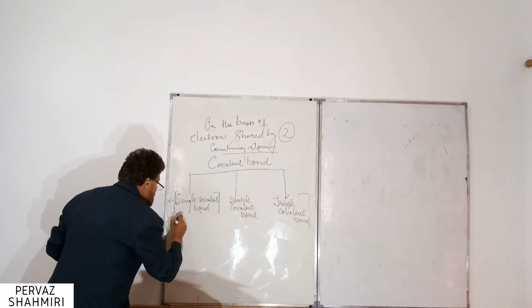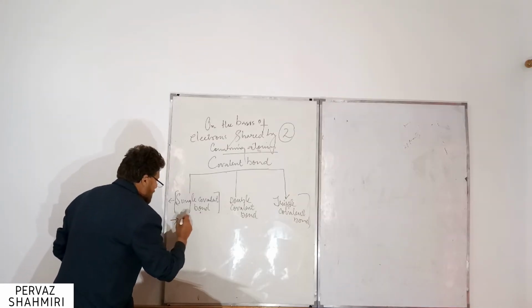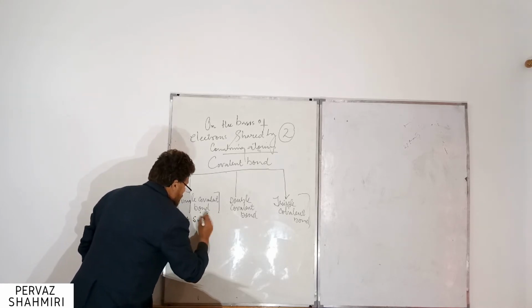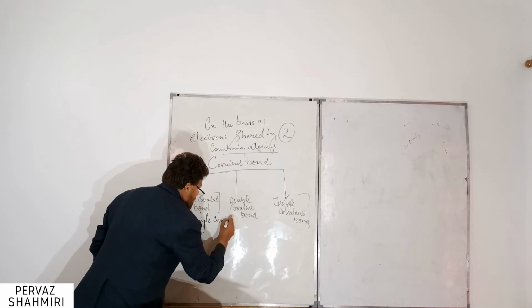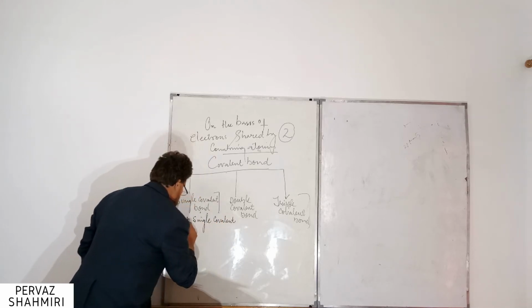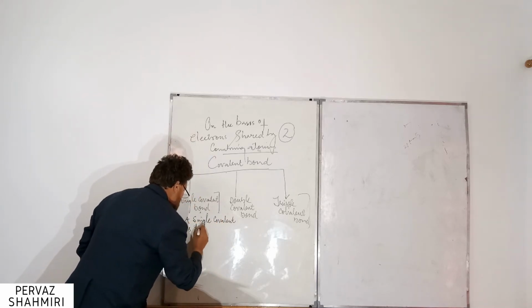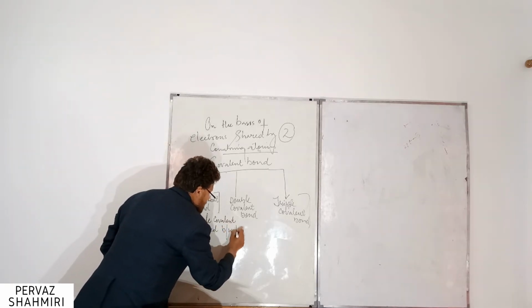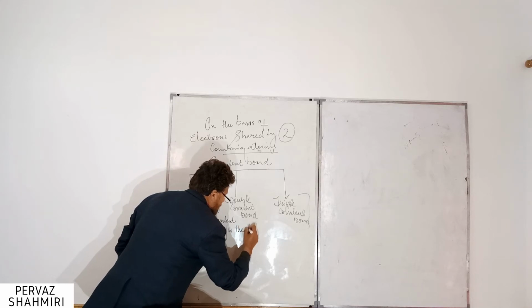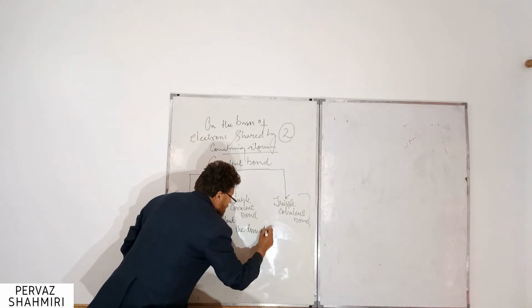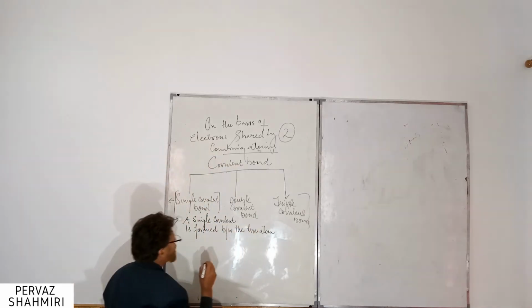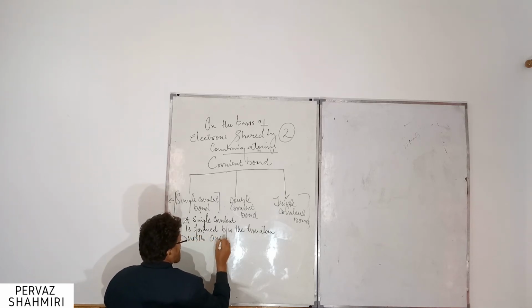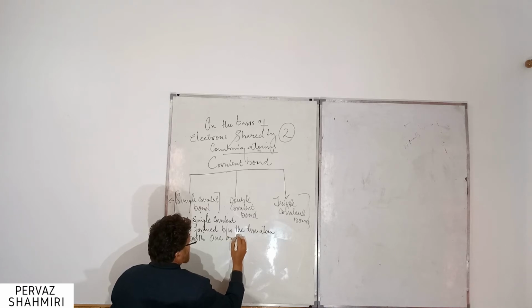We can define single covalent bond. A single covalent bond is formed between the two atoms with a single pair of electrons.